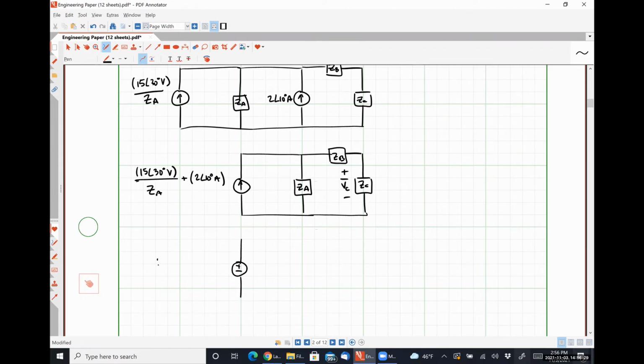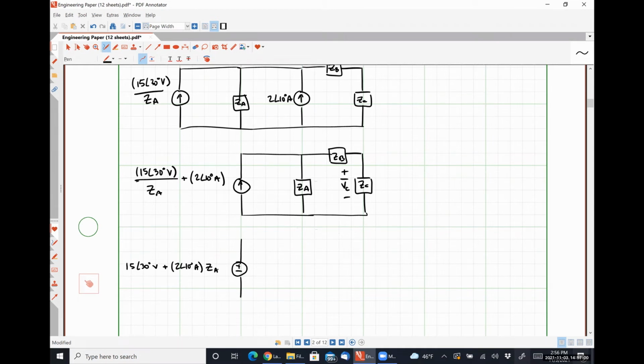that is 15 angle 30 degrees volts plus 2 angle 10 degrees amps multiplied by ZA.